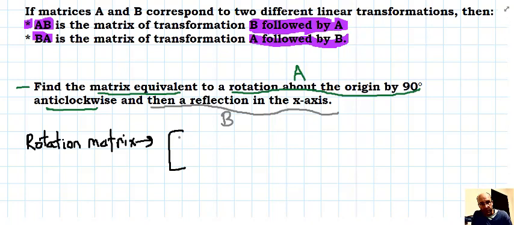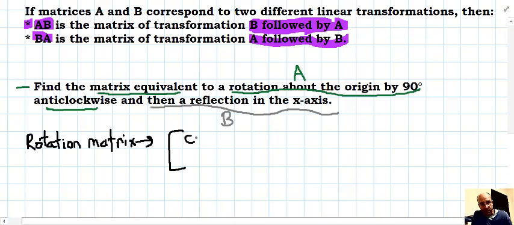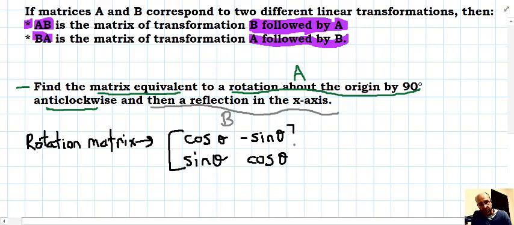So we have, for the rotation matrix from our previous work, cos theta, negative sine theta, sine theta, cos theta, where theta is the anti-clockwise angle.